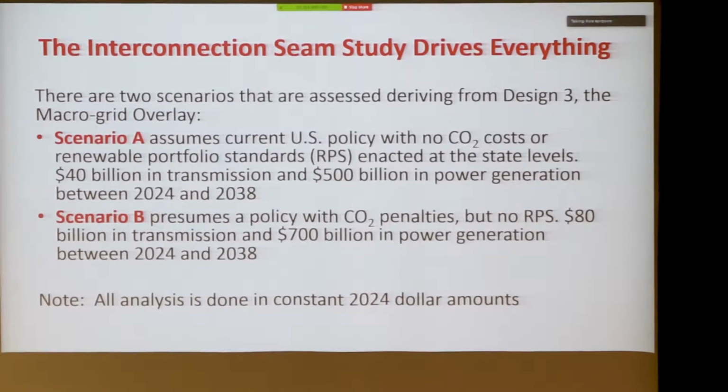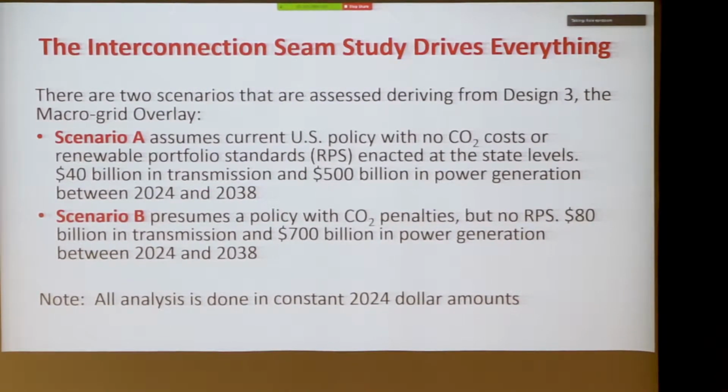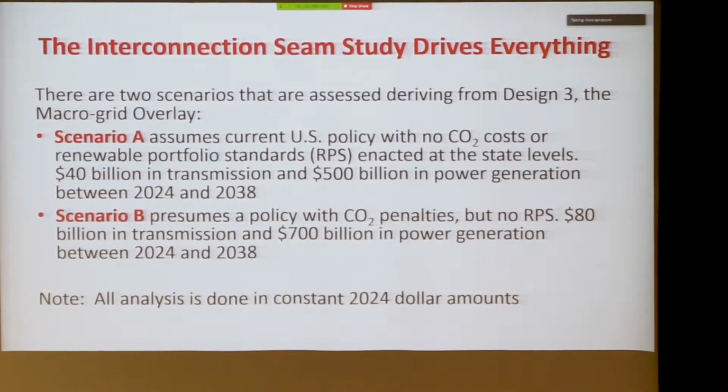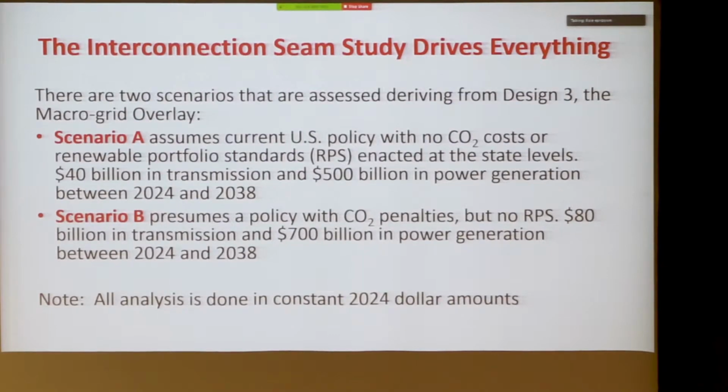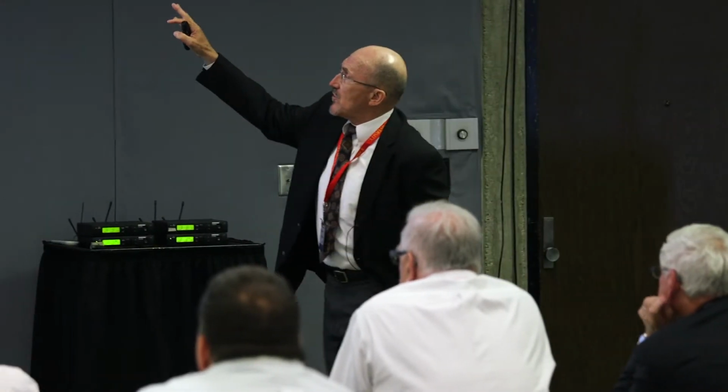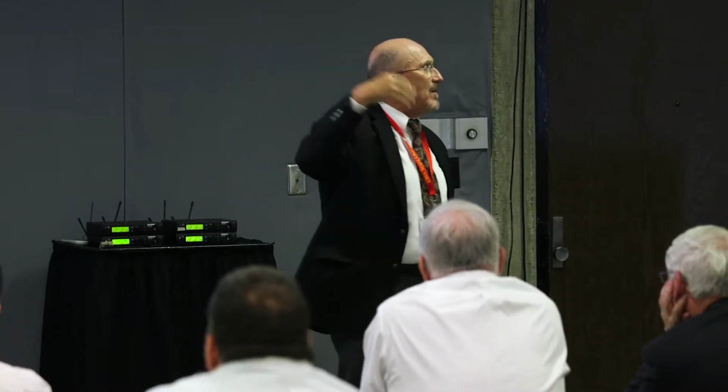Scenario B, which I learned today is now called the carbon policy, I didn't have a name for it. We have CO2 penalties. That's $80 billion in transmission, $700 billion in generation. I am going to analyze scenario A in this presentation with, at the end, some comparisons to scenario B. But primarily, I'm going to demonstrate what's going on with scenario A.